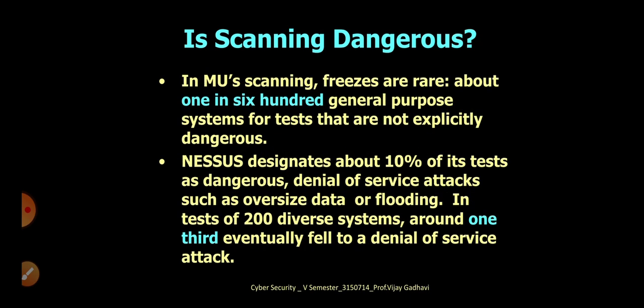In MU scanning, freezes are rare, about 1 in 600 general purpose systems for tests that are not explicitly dangerous. NESSUS designates about 10% of its tests as dangerous, such as denial of service attacks like oversize data or flooding.